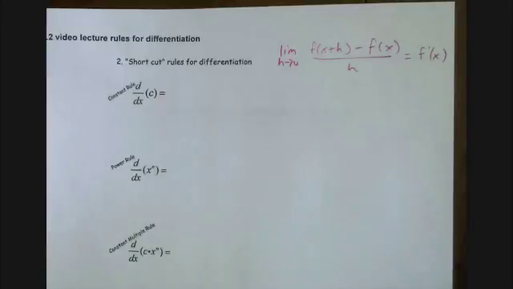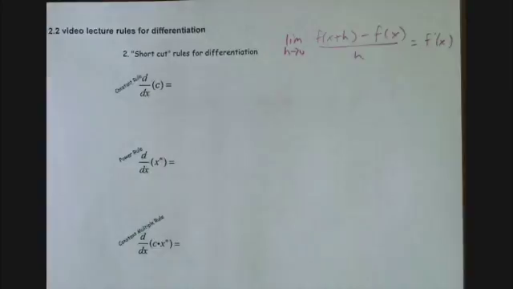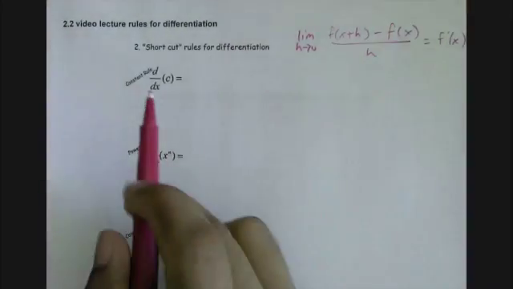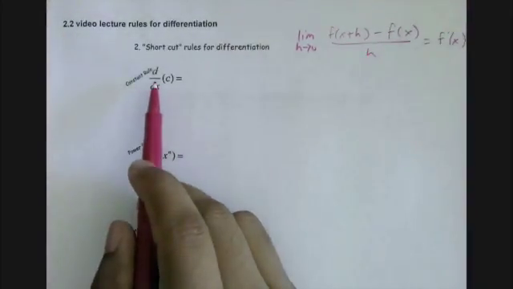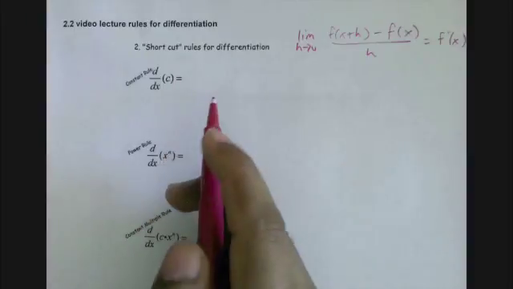The flip side, though, is that you're going to start losing your fun-filled existence because there's going to be a lot of rules to remember, and there's also going to be a lot of moments where you're not sure which rule goes when. So that's going to be the difficult part of it. For now, take a look at the first one, the constant rule. It says d dx of c equals what?